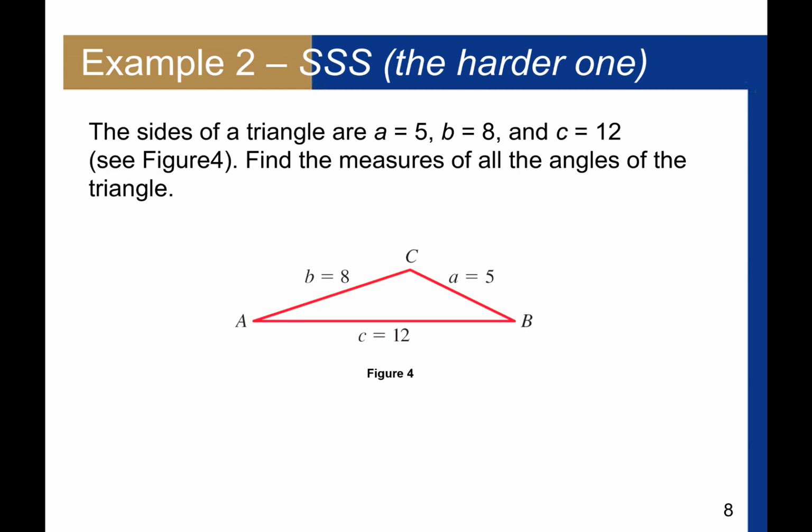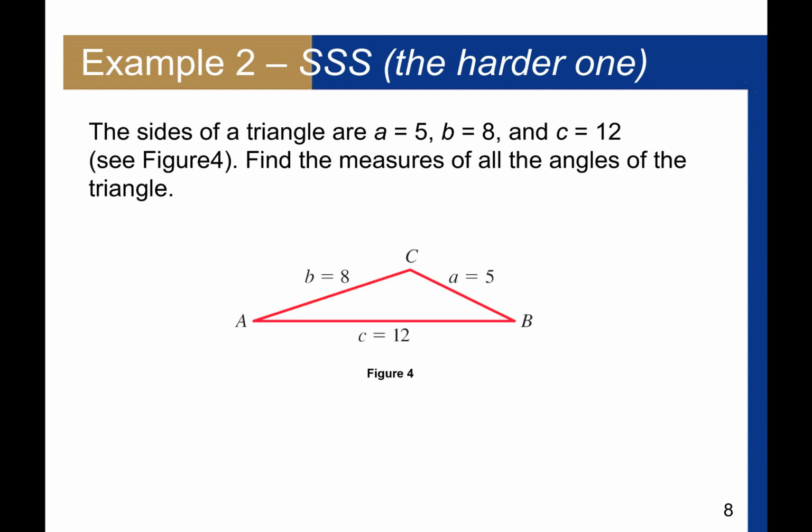Shortest side is 5. Next longest is 8. The sum of 5 and 8 is 13. 13 is bigger than 12. Yes, it actually makes a triangle in the first place. Check that just to be sure. Sometimes with the computer-generated things, this is 5 and that's 8, and side C is 20, and that's not going to work.